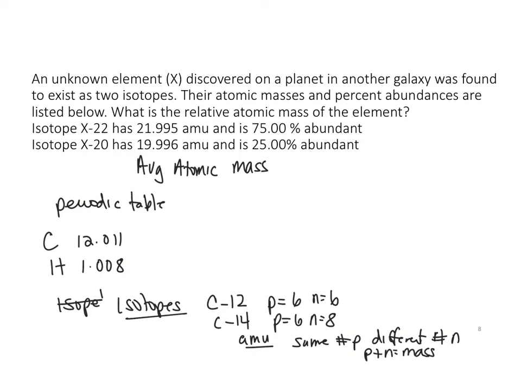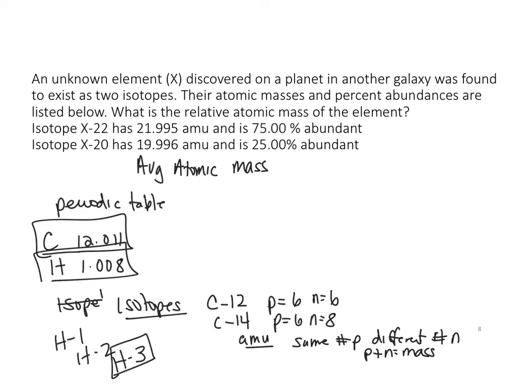But we like to have one mass to represent carbon or hydrogen. Hydrogen has H1, H2, and H3. Tritium is actually used in nuclear power plants, and these average to the average atomic mass.